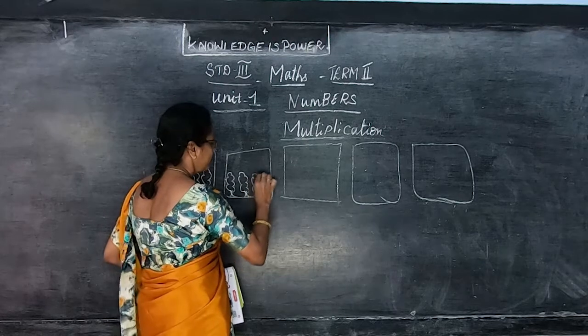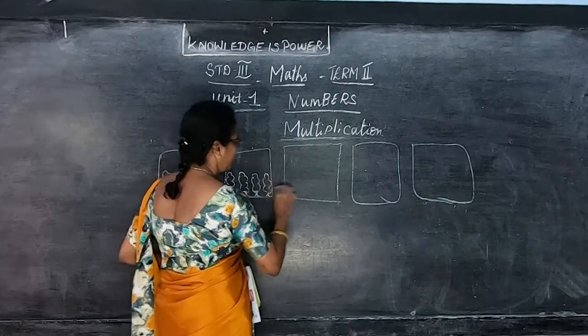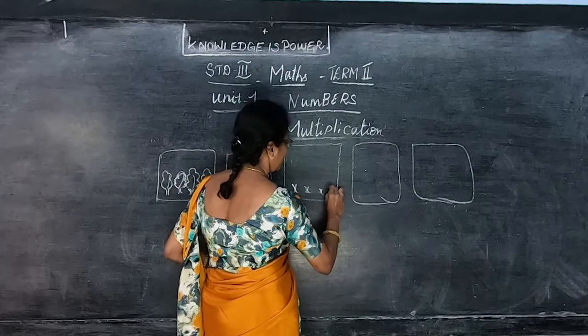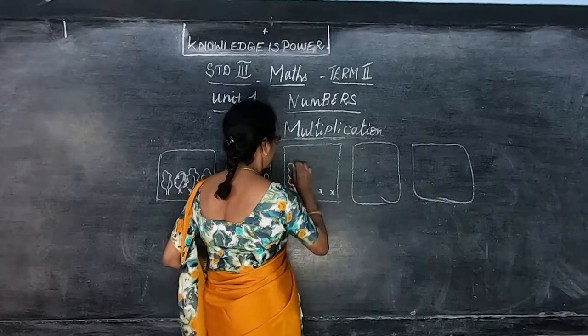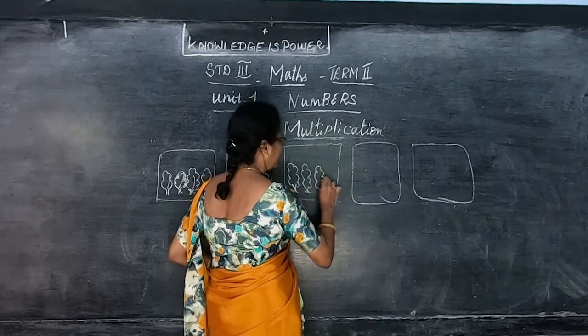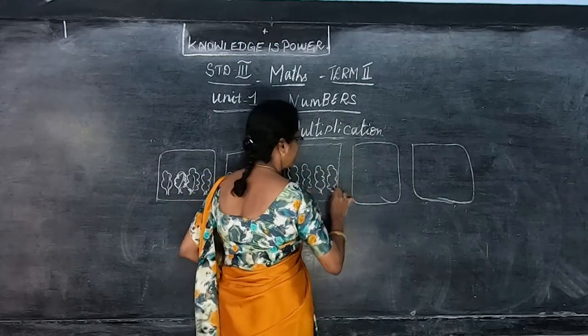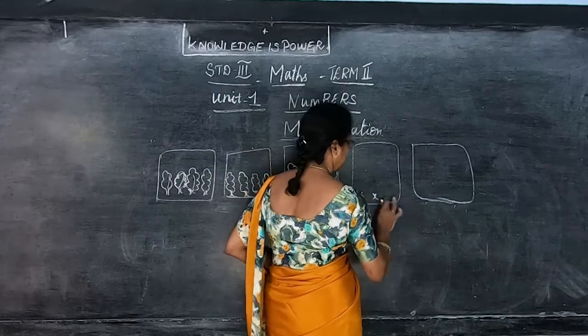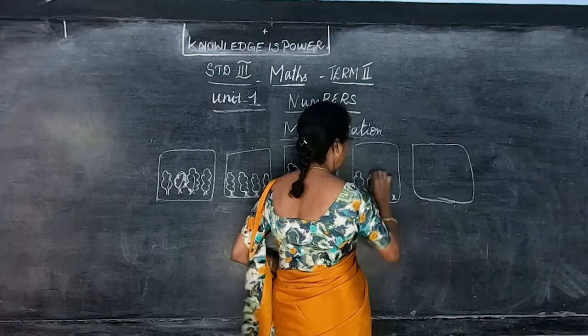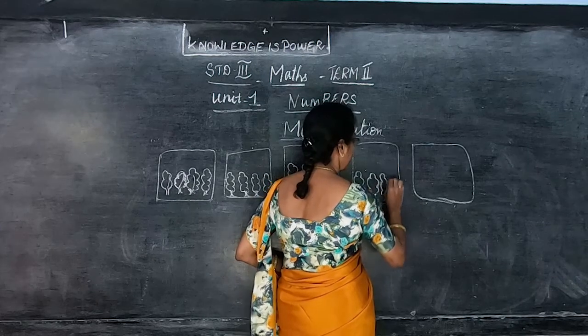So how many groups are there totally? 5 groups, and 4 trees in each group. So how to write this, how to find out this for multiplication tables? Just draw, and if you have the book, check your book and see.